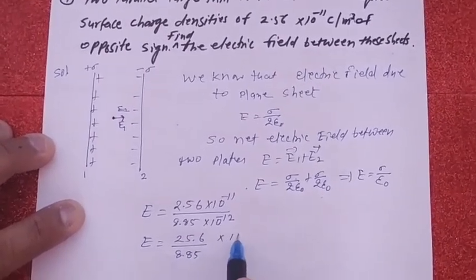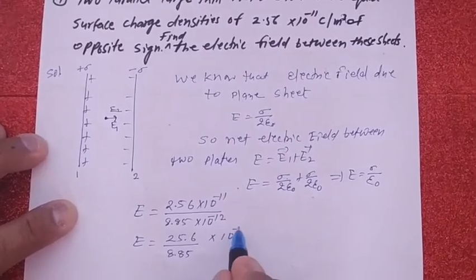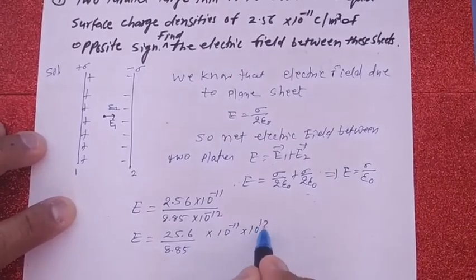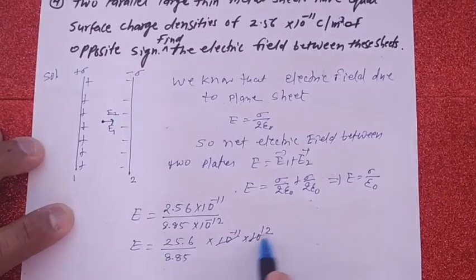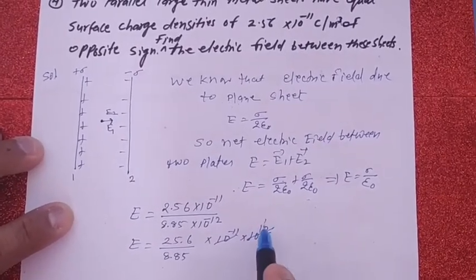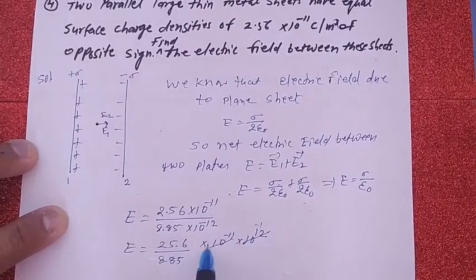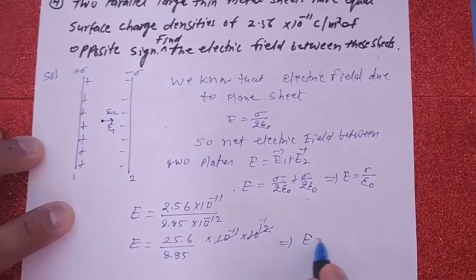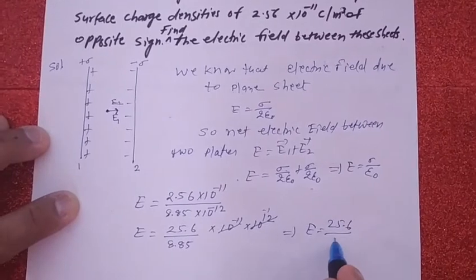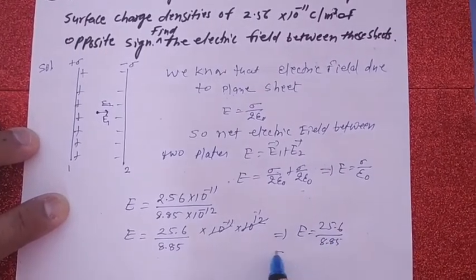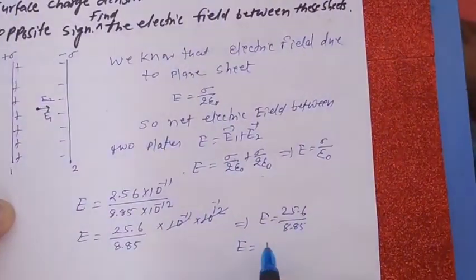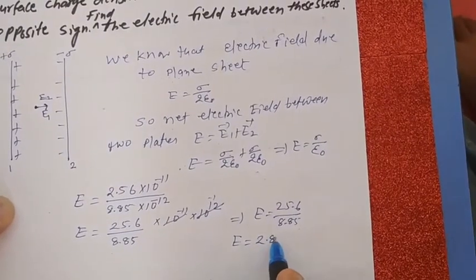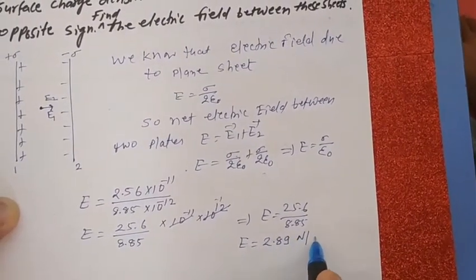Here we can see 10 to the power minus 11 and 10 to the power 12, so it cancels, leaving 10 to the power 1, which is multiplied here. So we directly write 25.6 upon 8.85, which comes E equal to 2.89 Newton per Coulomb.